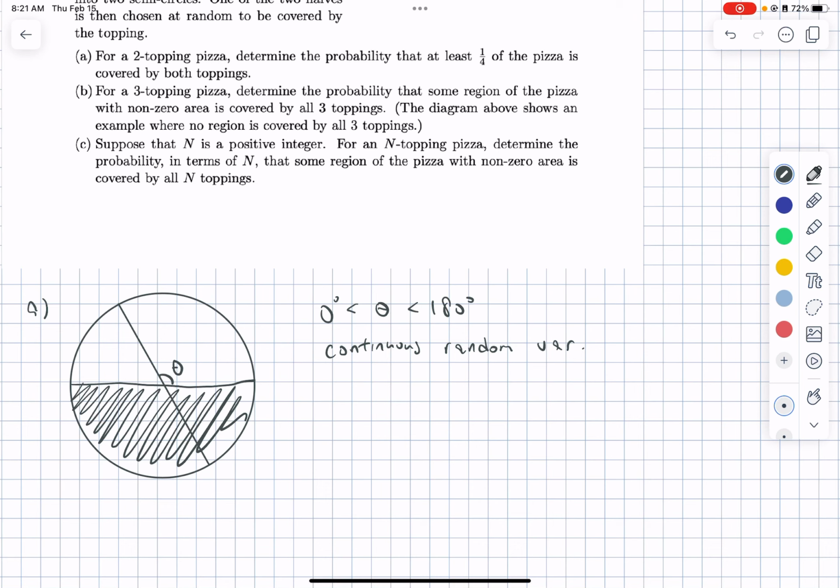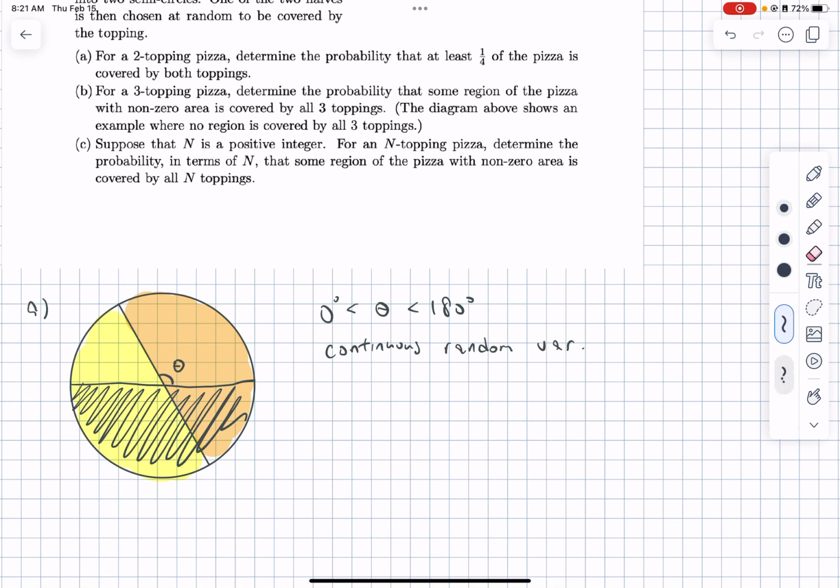So for example, if theta is an obtuse angle, something like 120 degrees, and we chose the yellow side, so the side away from theta, this covers at least a quarter of the pizza with both toppings. But if we chose the orange side, the side with theta, then less than a quarter is covered by both toppings.